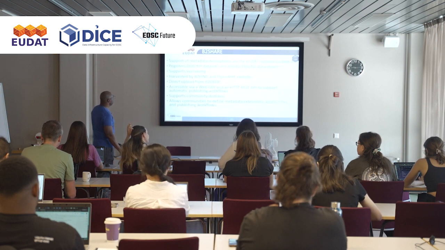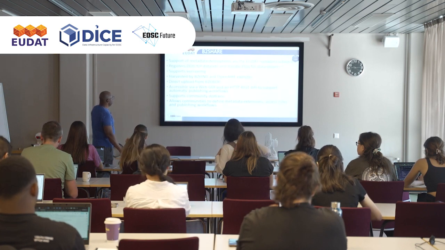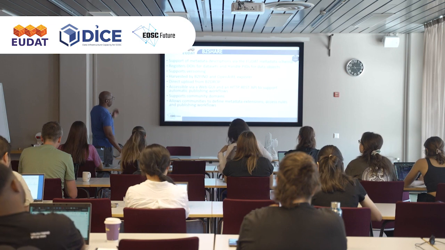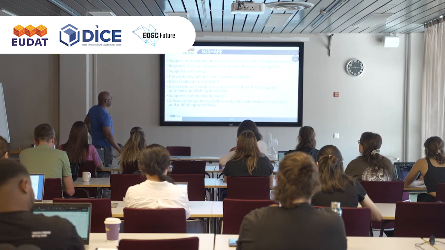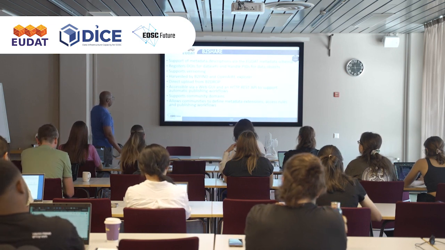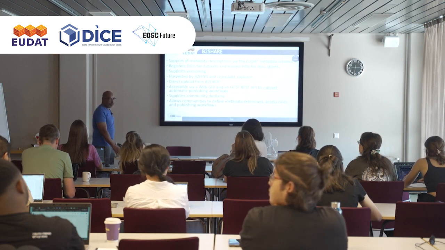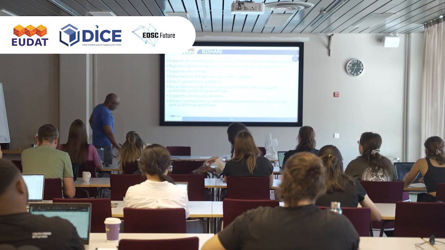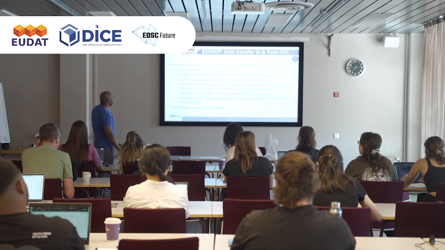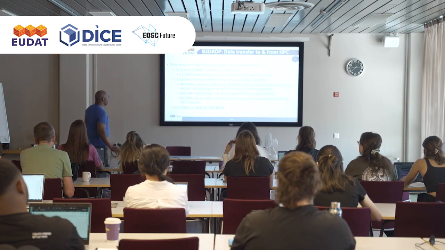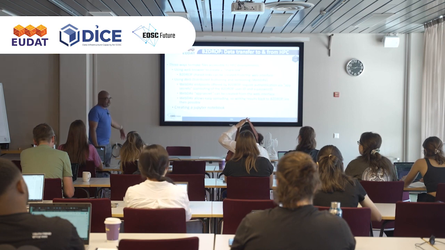B2Share is the sharing and publishing service, which you have had the opportunity of listening to. So basically, we are going to be talking about three different things on HPC.